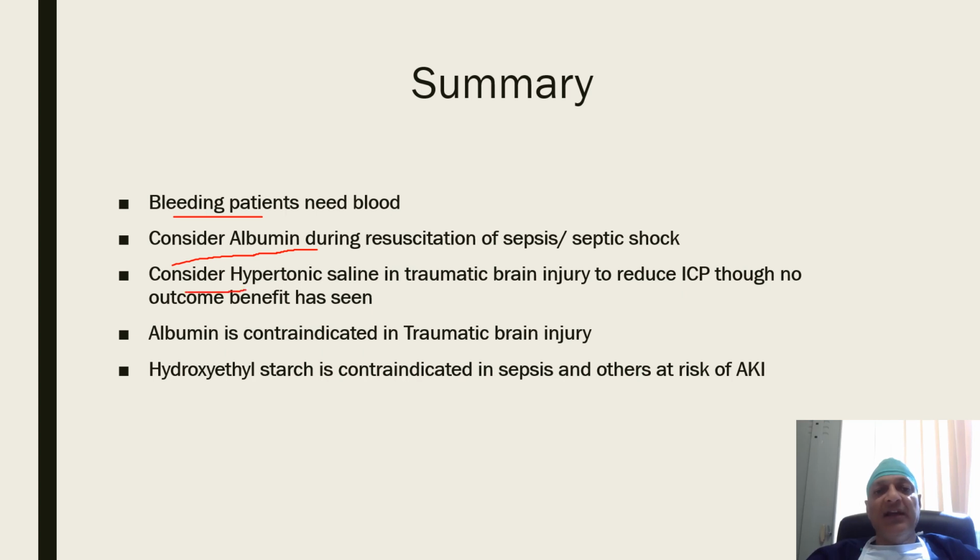Consider hypertonic saline in traumatic brain injury to reduce intracranial pressure, though outcome benefit has not been seen with this approach. Albumin is contraindicated in traumatic brain injury, as is hydroxyethyl starch in sepsis and in others who are at risk of acute kidney injury.